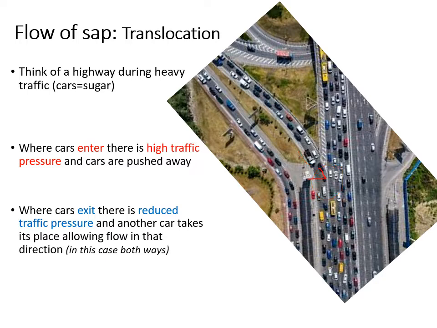So the analogy here is I'm using cars as sugar molecules. When cars enter into the highway, it's like sugar entering a phloem, creating traffic pressure or turgor pressure. And where a car leaves the phloem, it leaves an empty spot and another sugar moves in and takes its spot. So it creates negative pressure.